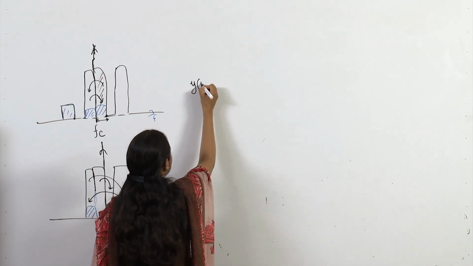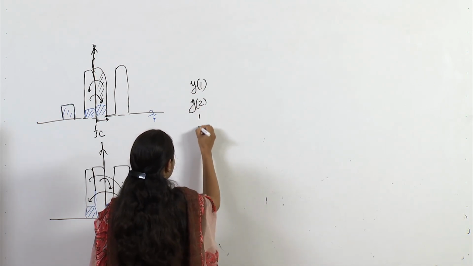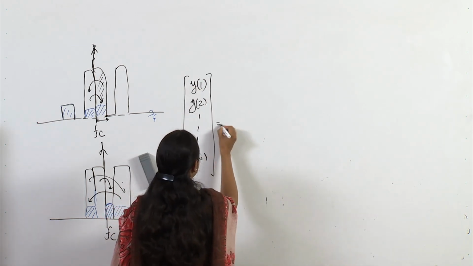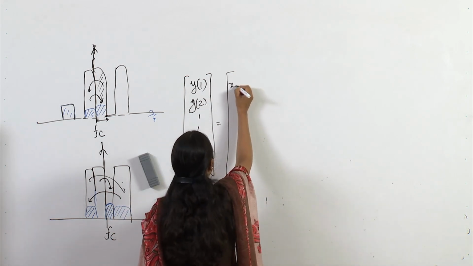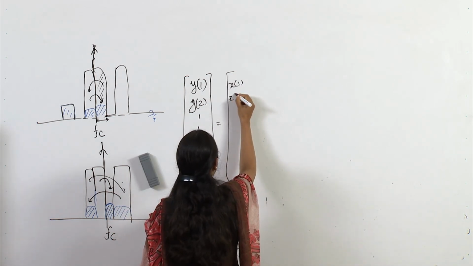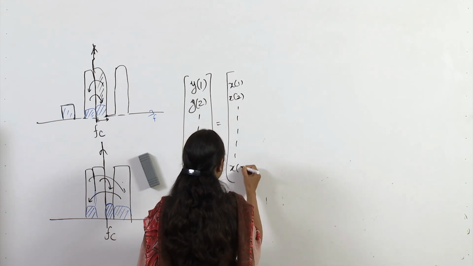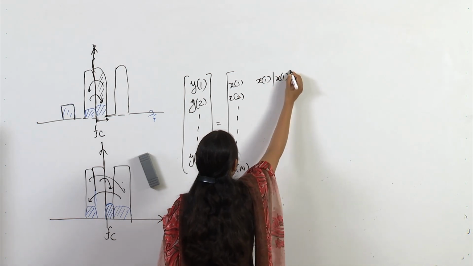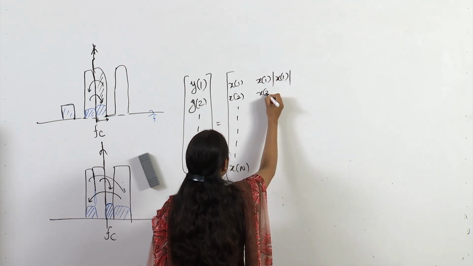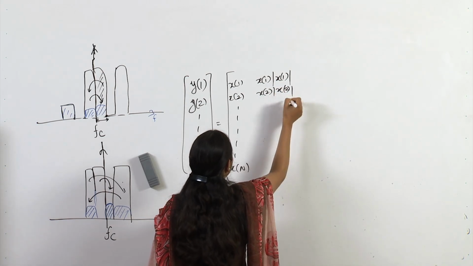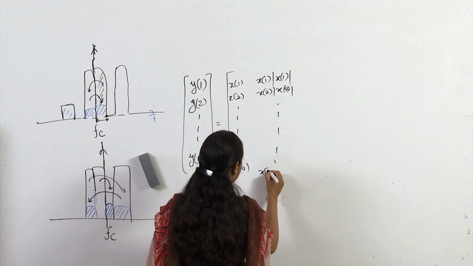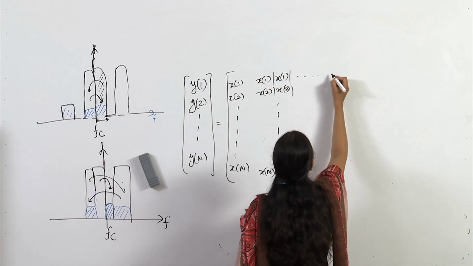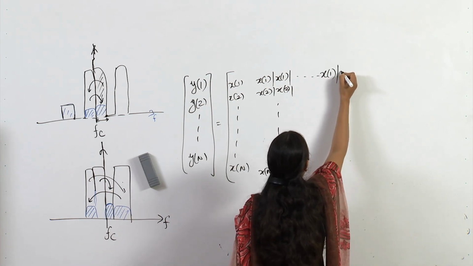So our data for the PA modeling in this case becomes x1, x2, xn, x1 mod of x1, x2 mod of x2, and if you remember, this was our polynomial model earlier, to the power n, which we wanted to work with.